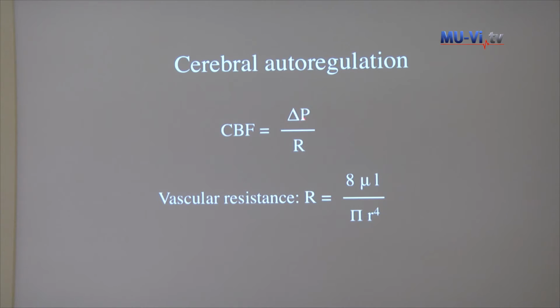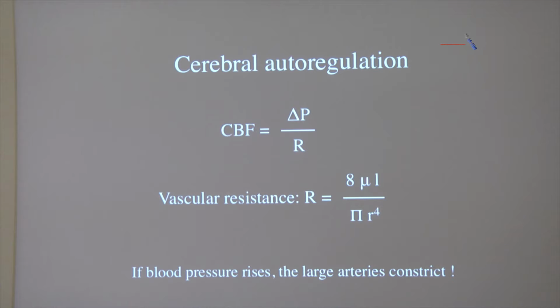If the blood pressure rises and you want to maintain the flow constant, you need a rise of the resistance. It means you have to decrease the radius, and because it goes into the fourth power, it is a very powerful thing. So if the blood pressure rises, the large arteries constrict, just as if you shut down the tap a little bit to prevent too much blood going to the brain.